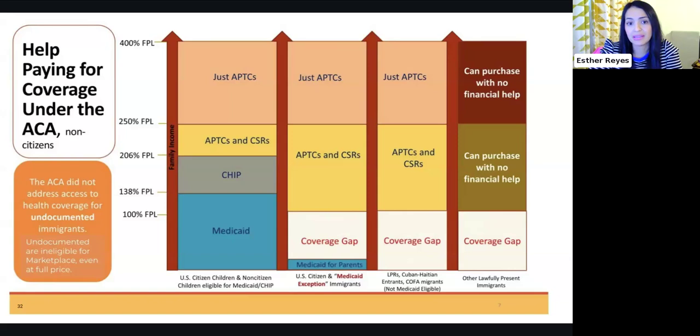Above 100% of the federal poverty level, lawful permanent residents, Cuban and Haitian entrants, and COFA migrants will still get that financial help for marketplace coverage. And then the far right column, you can see the other lawfully present immigrants above 100% of the federal poverty level can still purchase plans, but they will not be getting any sort of financial help to do so. Next slide.